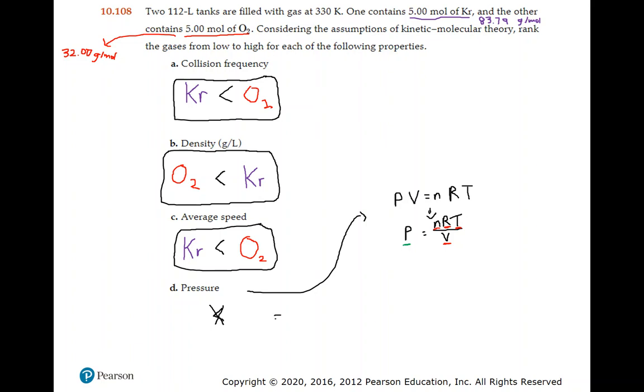So the pressure in the krypton tank is going to be the same as the pressure in the oxygen tank. Notice that for pressure, it doesn't explicitly depend on the molar mass of the gas, so those two will just be equal under the same conditions.